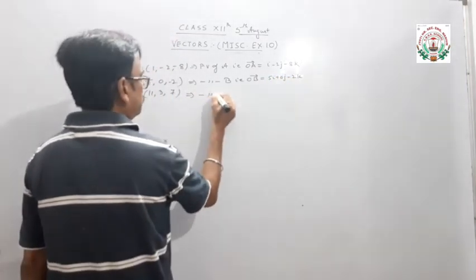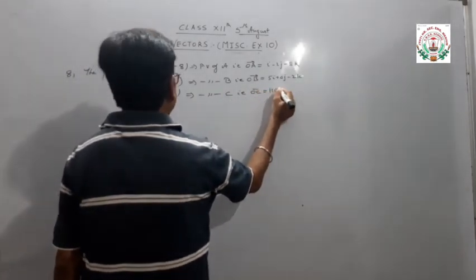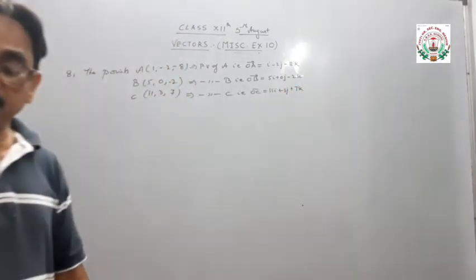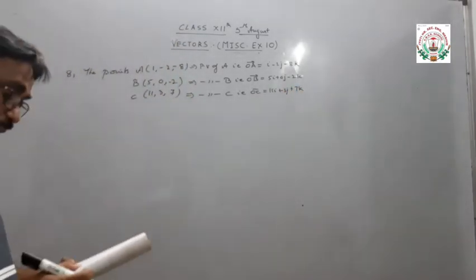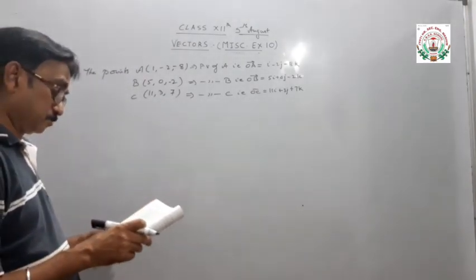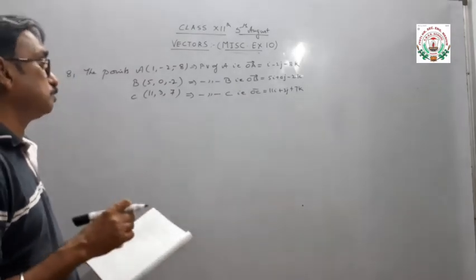Position vector of C, OC vector, is 11i plus 3j plus 7k. And now we have to show that the points are first of all collinear.